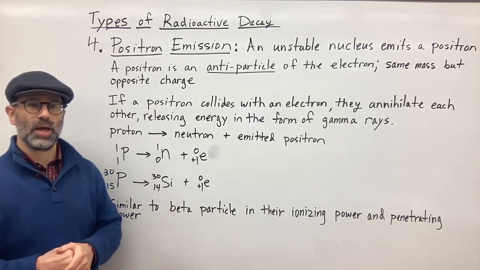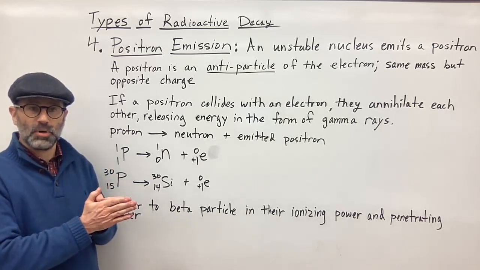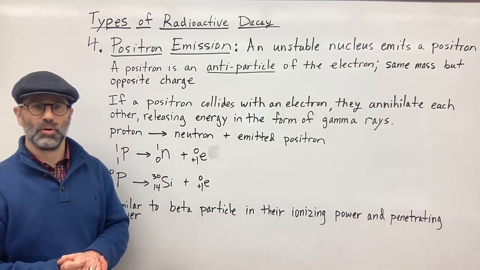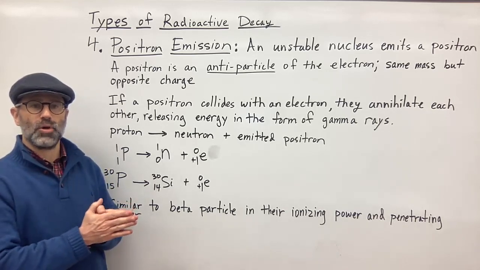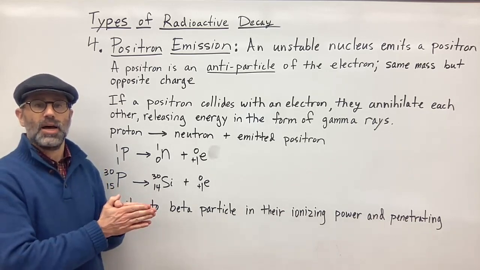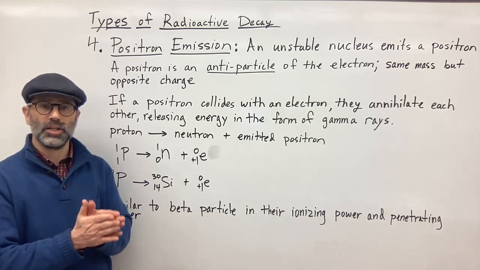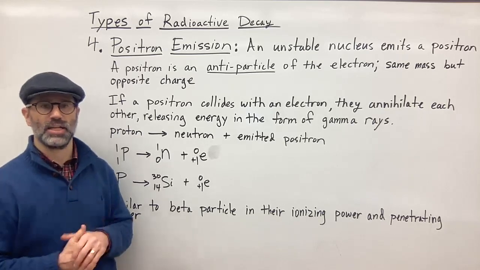And we saw that when beta decay occurs, the atomic number increases by 1 because you're adding a proton to the nucleus. Here, you've got kind of the reverse going on. So you have a proton converting into a neutron, upon which a positron is emitted. That positive electron is emitted.